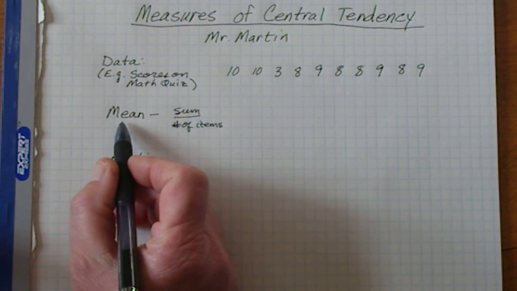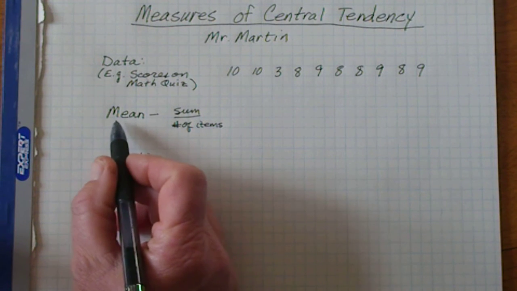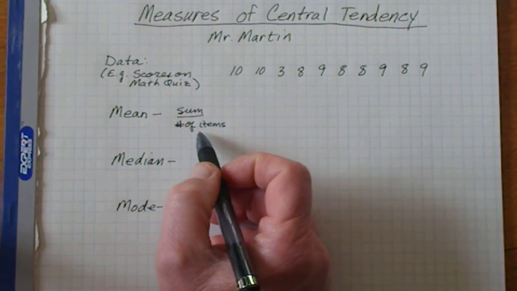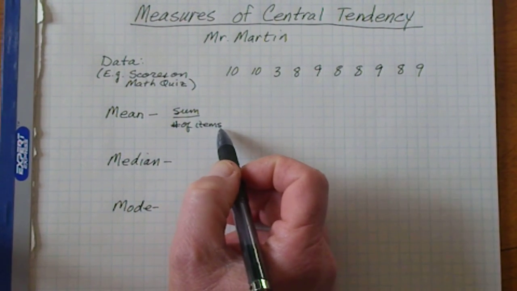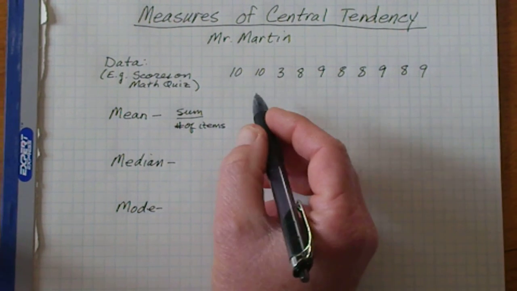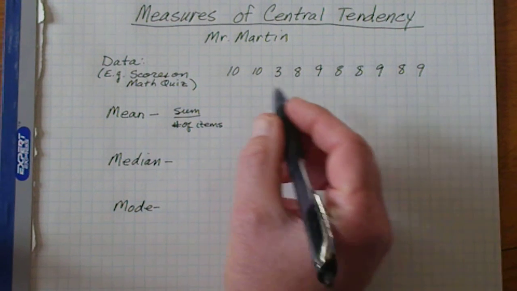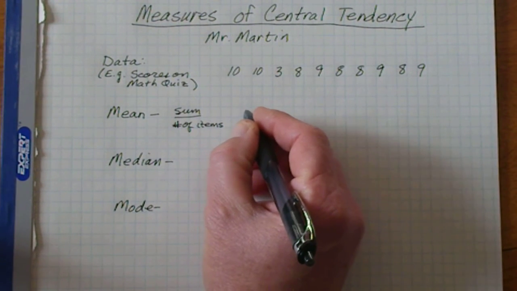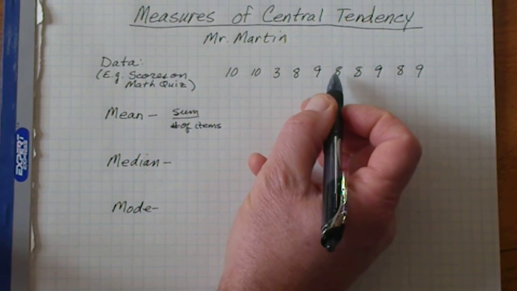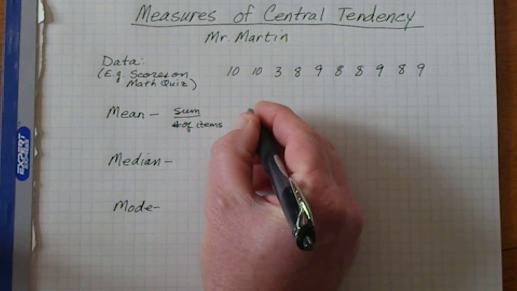The other term for the mean is the average. The mean is the sum of these items divided by the total number of items. The sum just means I'm going to add these up. So 10 plus 10 plus 3 plus 8 plus 9 plus 8 plus 8 plus 9 plus 8 plus 9, I get 82.